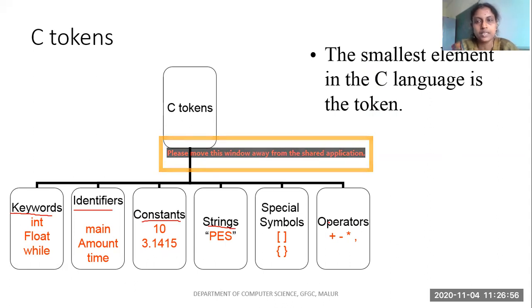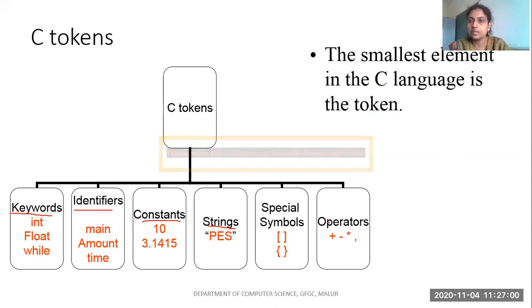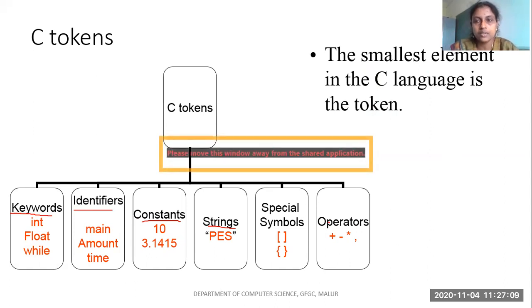These are the various small elements which a token encloses. All these combined collectively, I call C tokens. Here we will start with keywords.